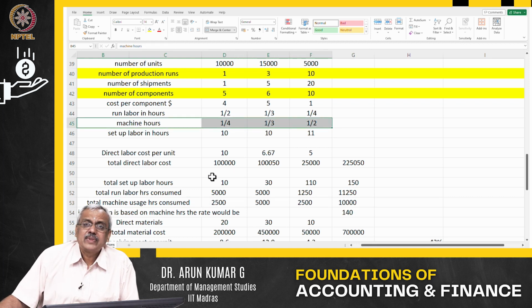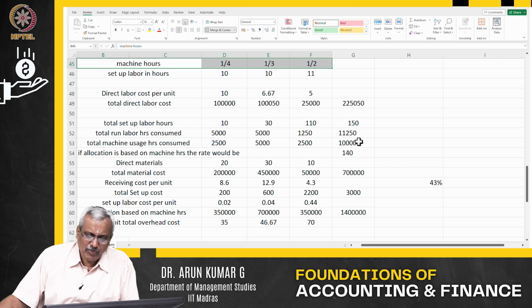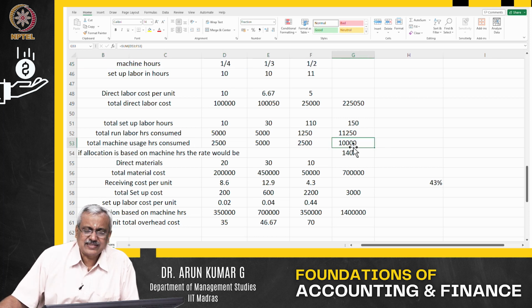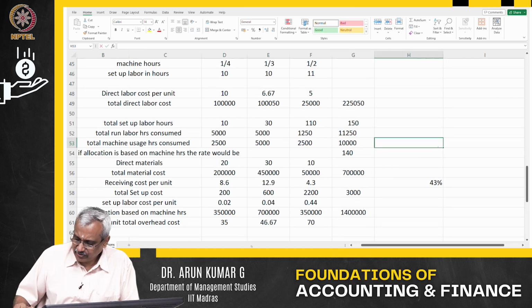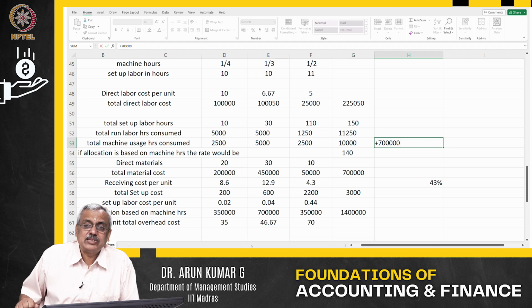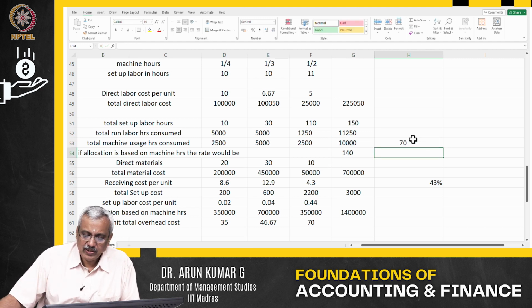What is the machine rate per hour? Your total machine usage hours is 10,000, and your total machine cost is 700,000. Number of hours is 10,000, which means the cost of the machine per hour is $70.